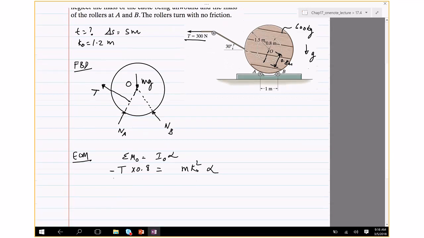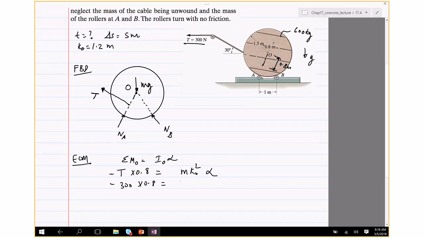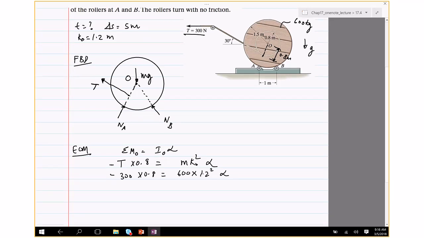So the tension is 300 times 0.8 equals the mass, which is 600 kilograms, times the radius of gyration squared. So this will help me solve for alpha.